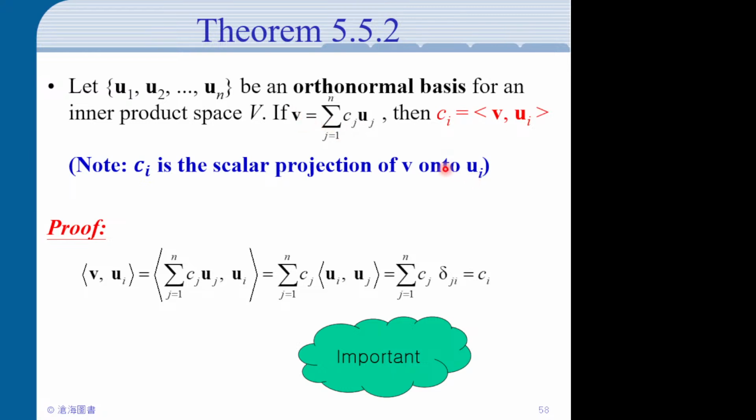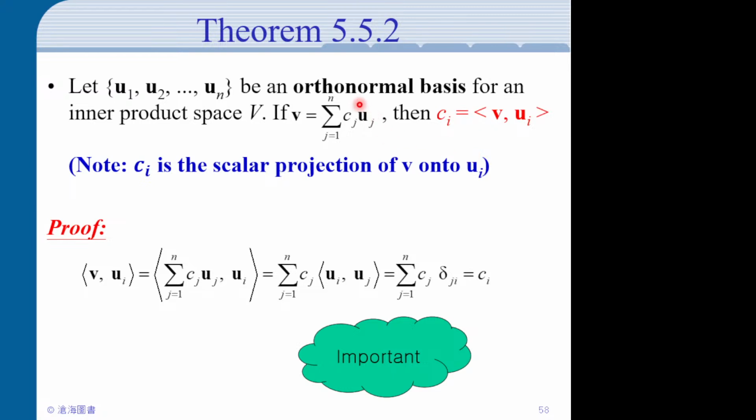But if you have an orthonormal basis, then those Cj coefficients have a very easy calculation. It's just the inner product of your vector with the corresponding basis element.